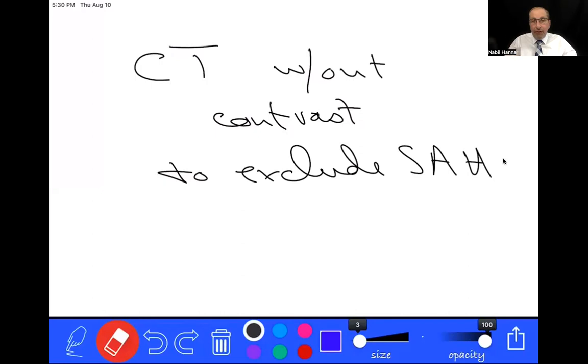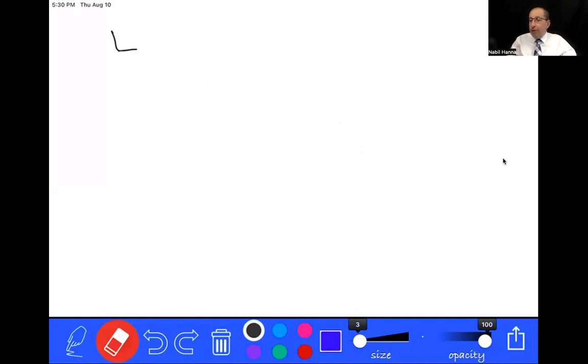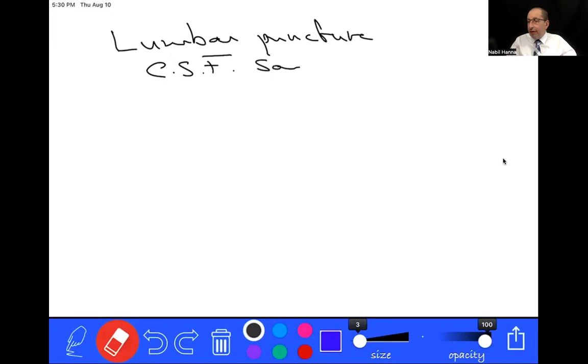Now, if you exclude subarachnoid hemorrhage, you have not yet confirmed the diagnosis of meningitis. So what to do to confirm the diagnosis of meningitis? We do a lumbar puncture and get a CSF sample and analyze it.